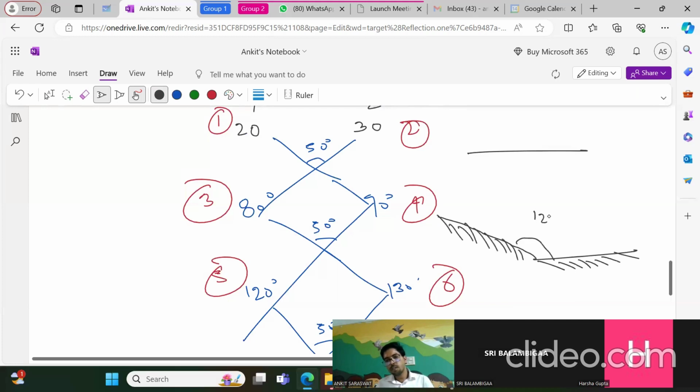Angle is 120 degree. Object is here. This is 60.